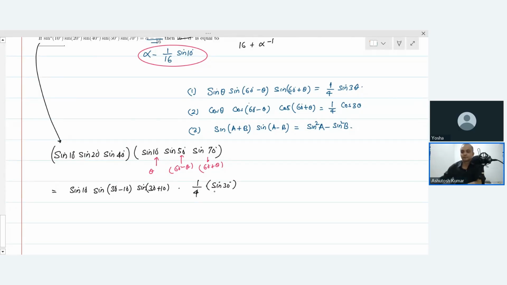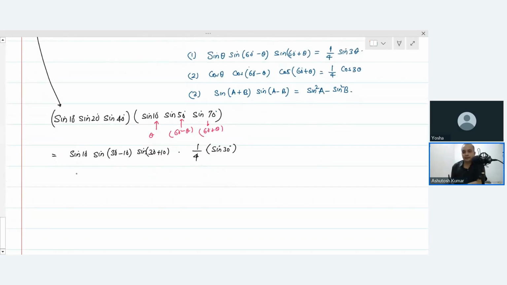Now here I can apply sine A minus B, sine A plus B. So this will give you sine square 30 degree minus sine square 10 degrees. This is sine square A minus sine square B, correct? And this one will give you 1 by 8. This is 1 by 4.